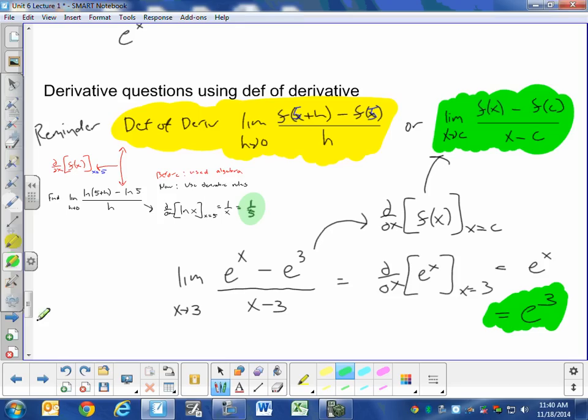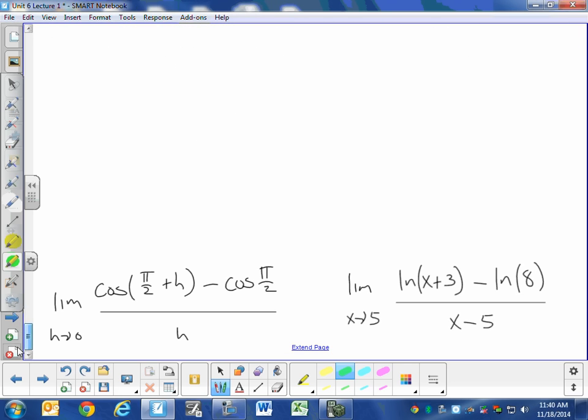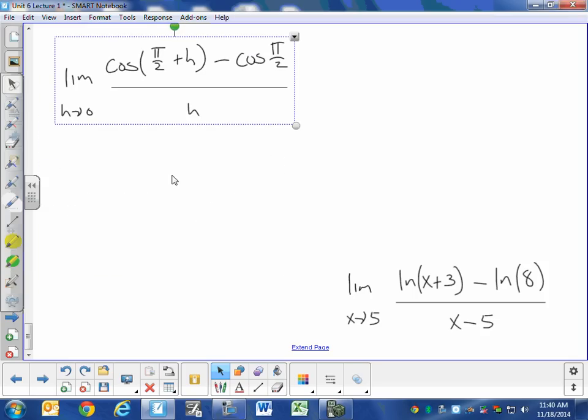Okay, your turn. This guy first. Limit as h approaches 0 of the cosine of pi over 2 plus h minus the cosine of pi over 2, all over h.